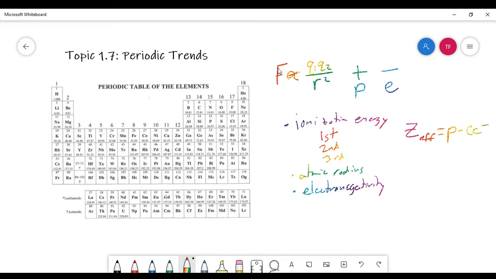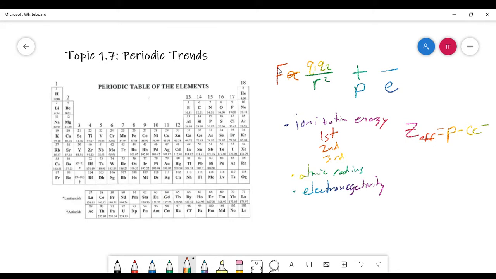And so as you go across, the core electrons stay exactly the same. For instance, all of these elements in the second period have 2 core electrons because each one of these have their valence electrons in the second energy level. If you look at the third energy level, each one of these has 10 core electrons because they all have their valence electrons in the third energy level.